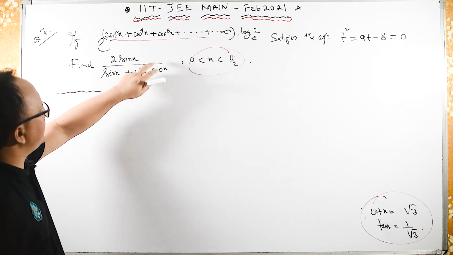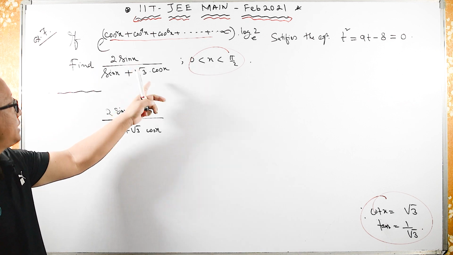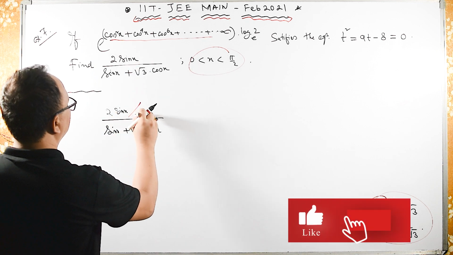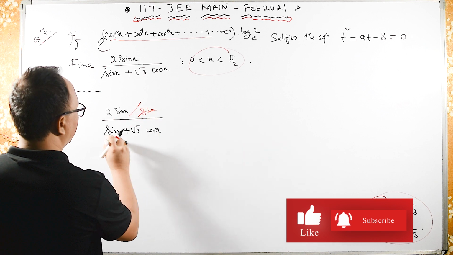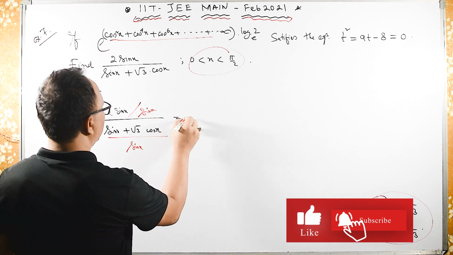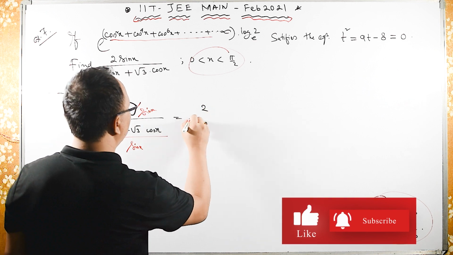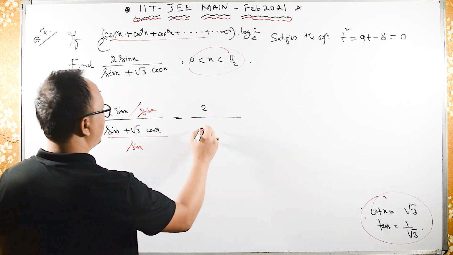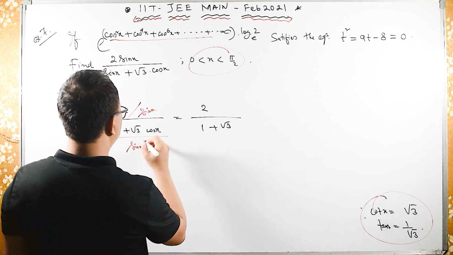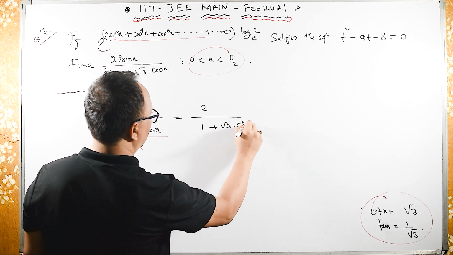Let's do one thing: divide numerator and denominator by sin x. So sin x gets cancelled. We have 2 in the numerator, and in the denominator 1 plus root 3 into cos by sin, and cos by sin is cot.